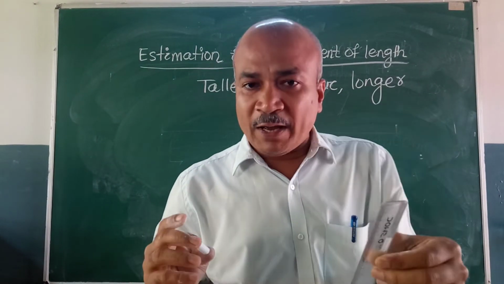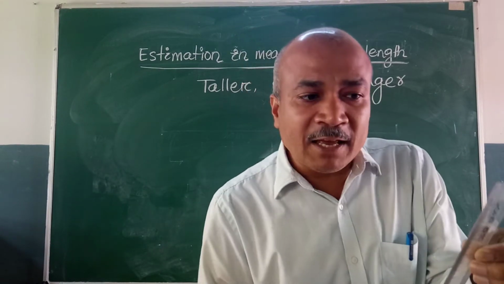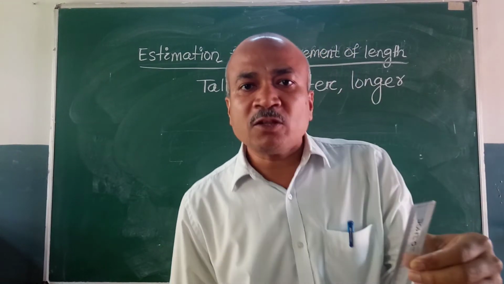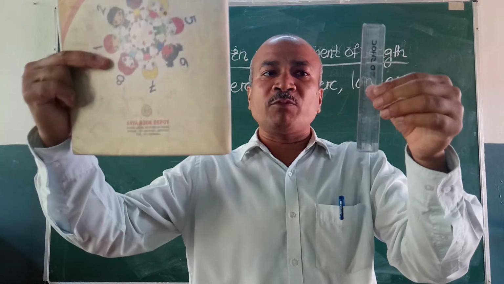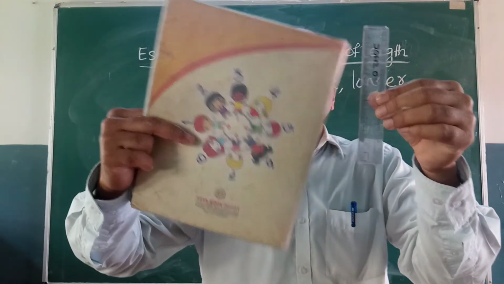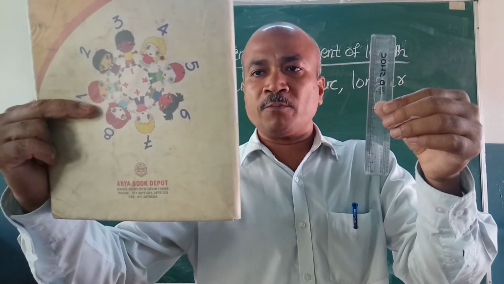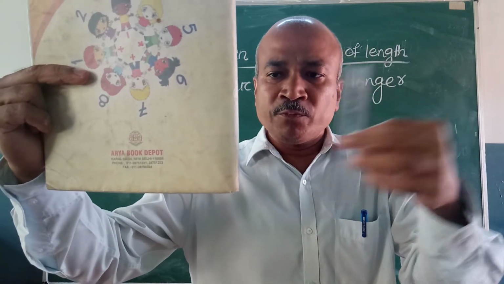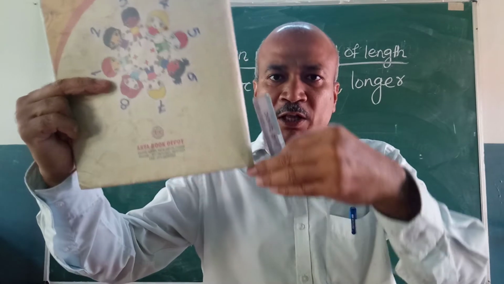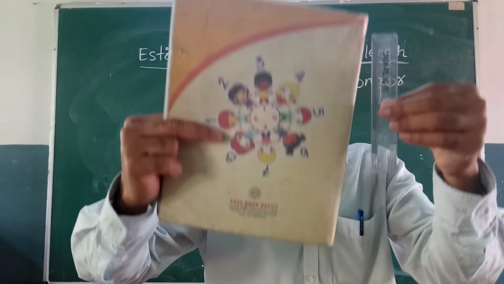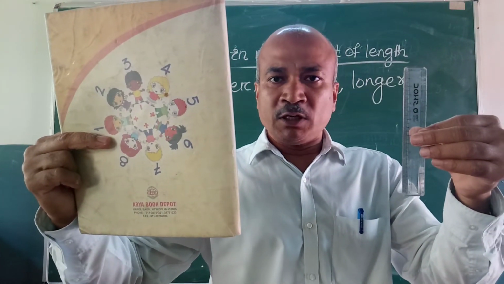But if you compare this scale with the length of this book or height of the book, now the scale became shorter and the book became taller or longer. So the length of the book is longer than that of the scale. Clear?